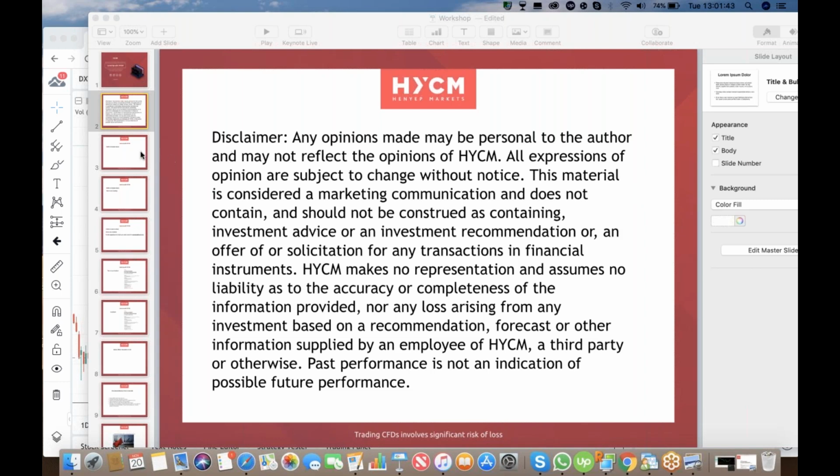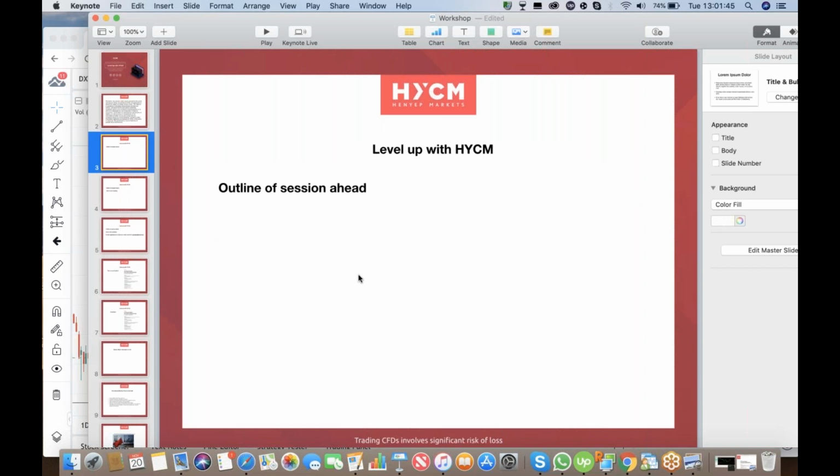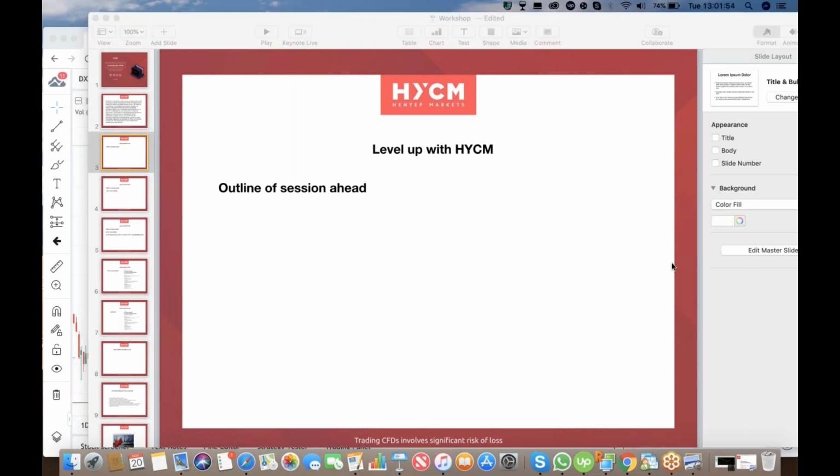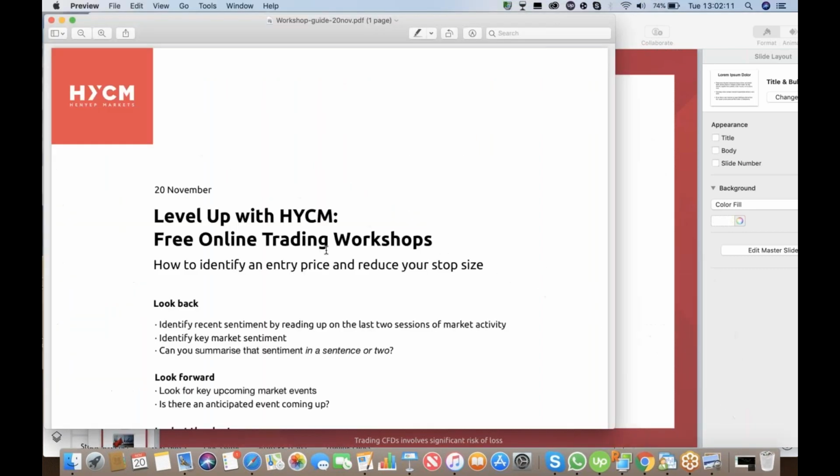During the course of the workshop, we're going to be looking at the handout, which you should see at the bottom of your page. If you look on your webinar control panel, at the bottom of that panel there's a workshop guide where it says 20th of November. That is a handout that we'll be going through, and when you click on it and open it, it should look like this.